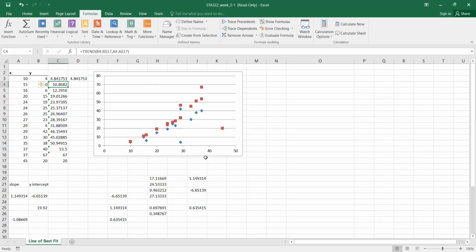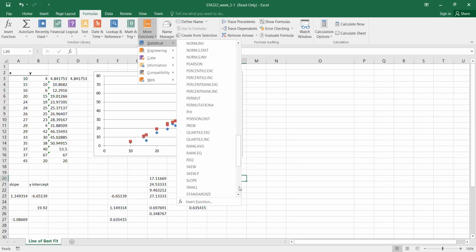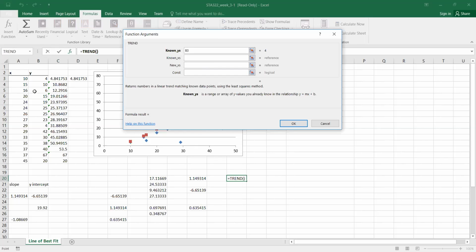Let's do the calculation over here. When we do the statistical stuff, we get over here to trend, and we want to have our known y's, and then insert a $ there to fix the end of the range, so that as it goes down the range of X, it only is analyzing from there to the end.